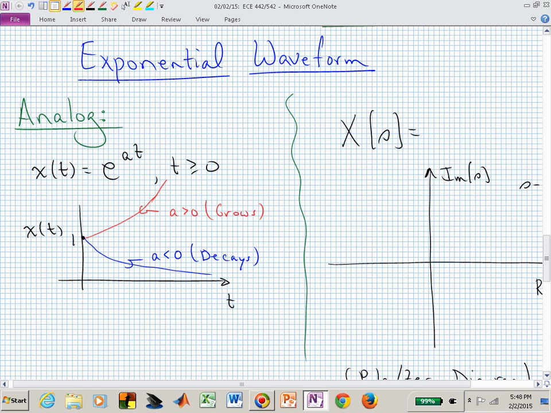But what's the Laplace transform of e to the AT? One over S minus A is what I thought I heard.